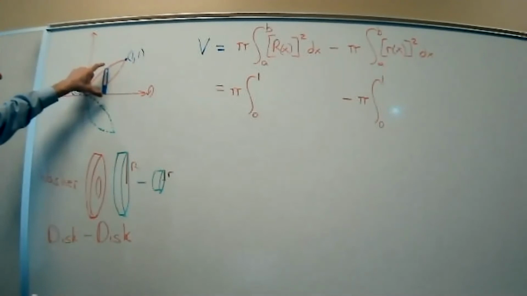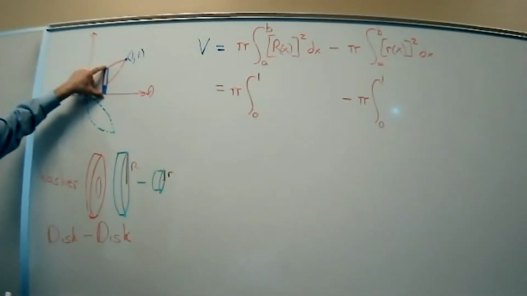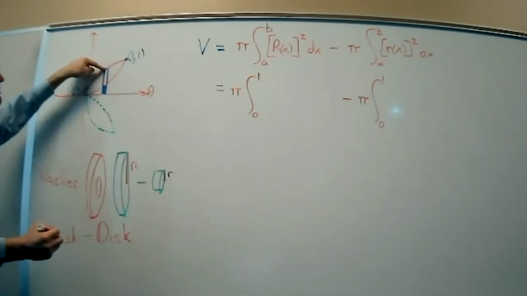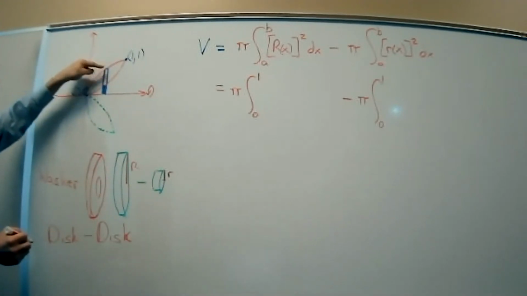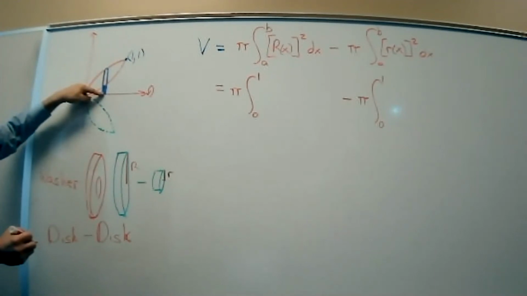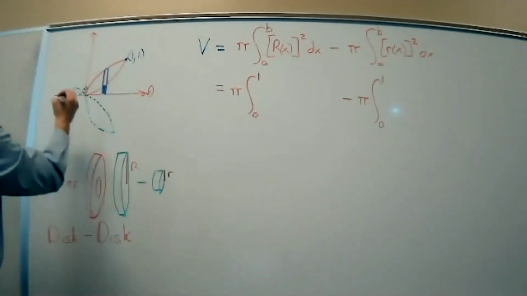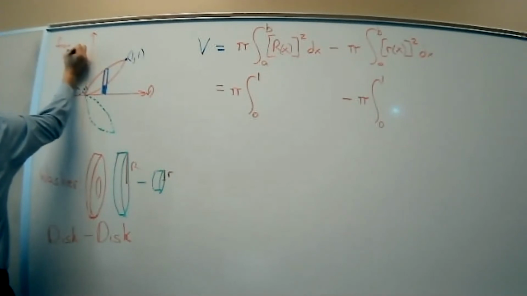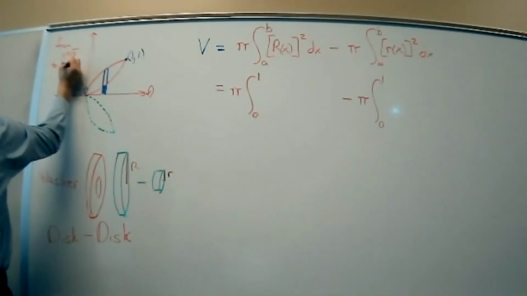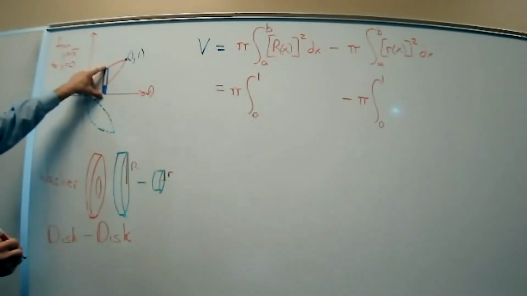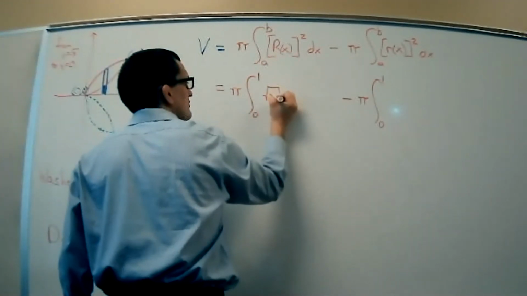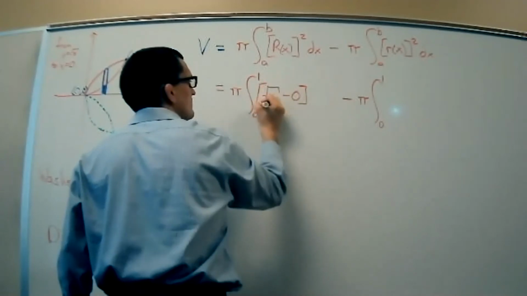Okay, so I look at this larger of the two rectangles. The larger of the two rectangles has a top at y equals square root of x and has a bottom at y equals 0. So the larger of the two rectangles goes from y equals square root of x to y equals 0. That's the larger of the two rectangles. So here, square root of x minus 0 squared.